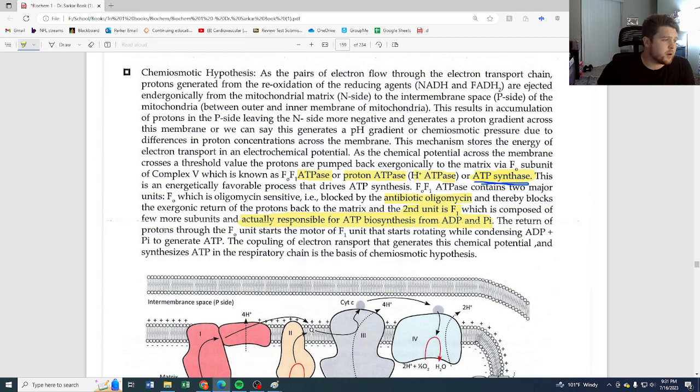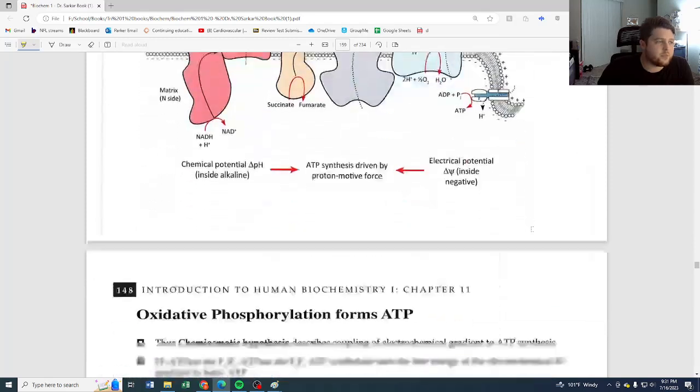So the return of protons through the F0 unit starts the motor of the F1 unit, which starts rotating while condensing ADP and the phosphate ions to generate ATP. The coupling of electron transport that generates this chemical potential and synthesizes ATP in the respiratory chain is the basis of the chemiosmotic hypothesis.